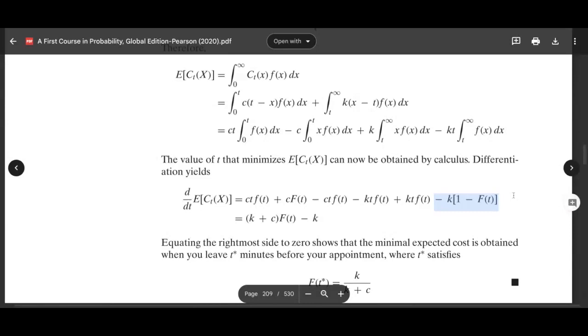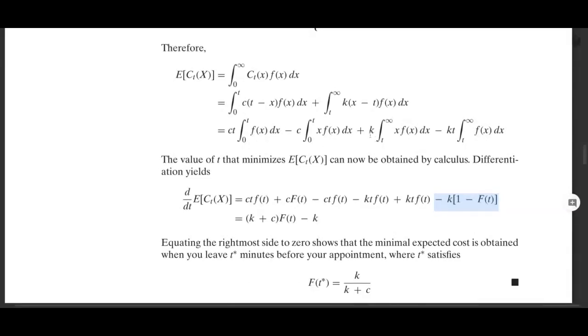Okay, where did we get this? Because this part is just the probability that the random variable is greater than t.